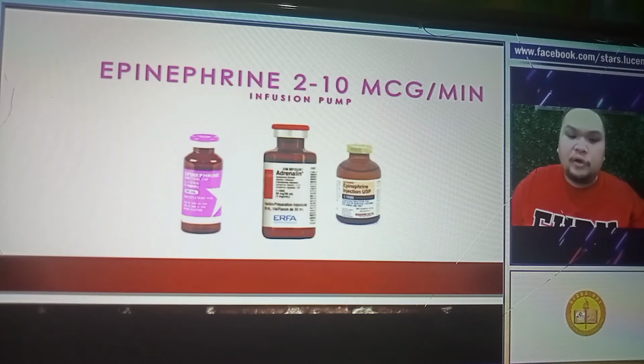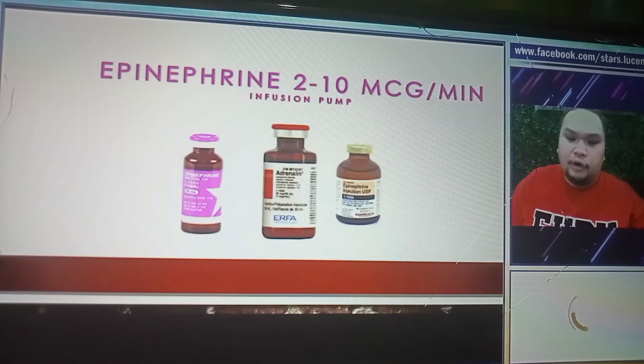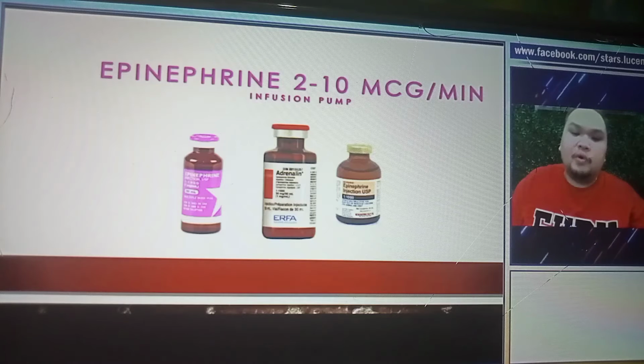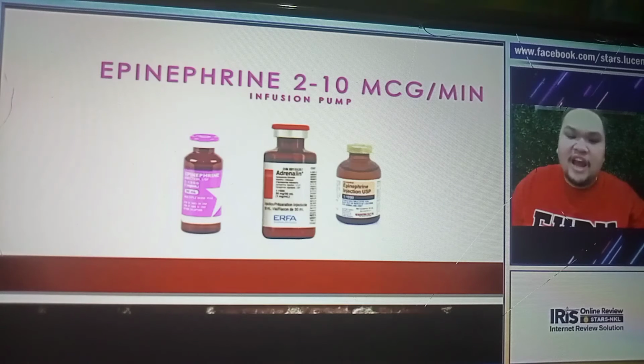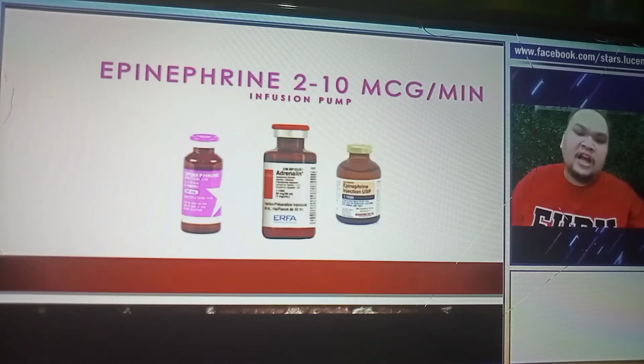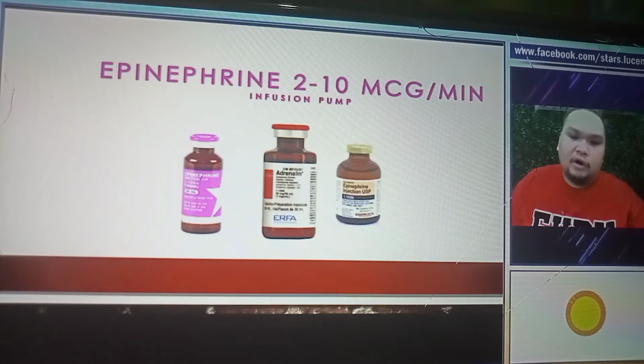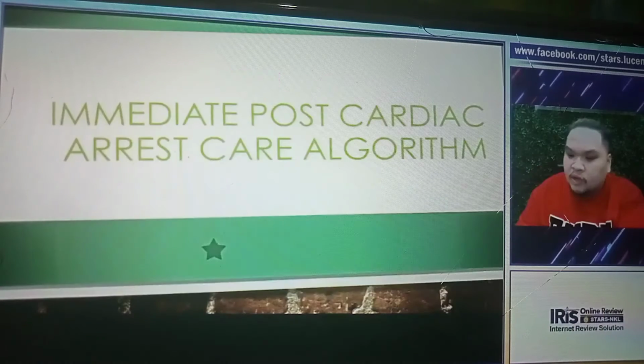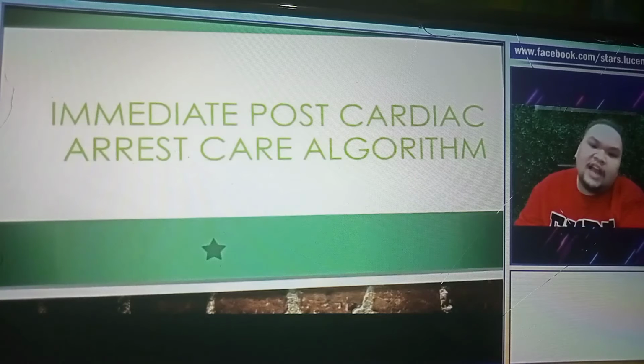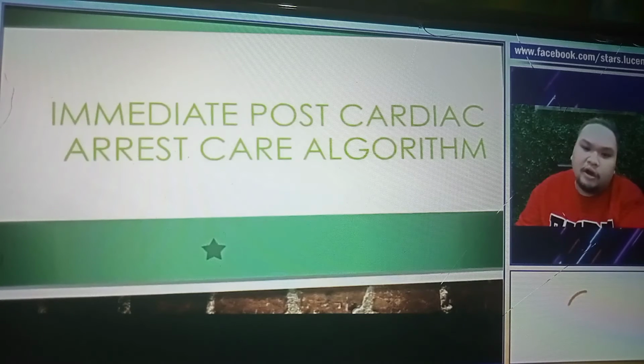So wait for a minute or two before you actually check again the ECG, as indicated siya kung magbibigay tayo ng gamot or hindi. So depends sa ECG. Okay. The last algorithm that we're going to discuss will be your immediate post-cardiac arrest care algorithm.